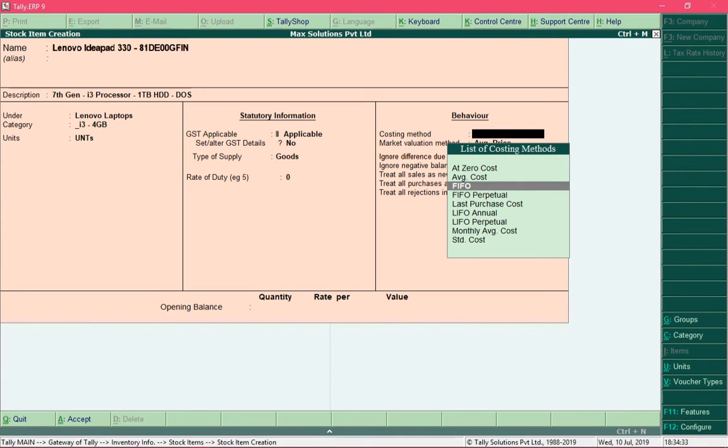And if we go by the method first in first out, Tally would mark the first laptop which I purchased as sold. So it will consider the cost price of the laptop as 100 and the selling price is 120 rupees, and my net profit would be 20 rupees.